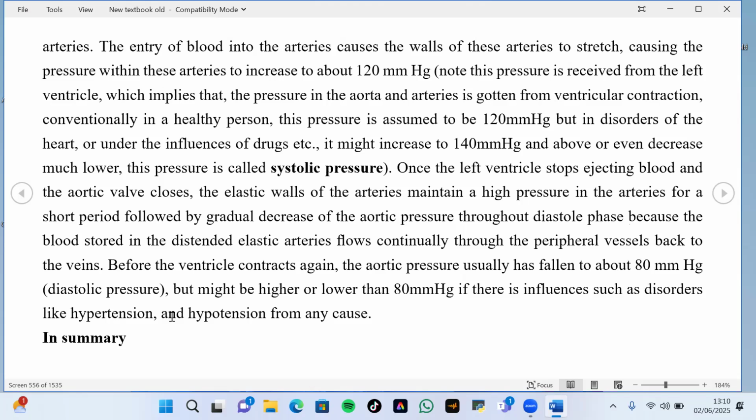So this happens within a short period, followed by a gradual decrease of the aortic pressure throughout the diastolic phase, because the blood stored in those already distended arteries flows continually out through the peripheral vessels back to the veins. Before the ventricle contracts again to pump blood to the already filled arteries, the aortic pressure has usually dropped to about 80 millimeter mercury, but can be higher in disorders.